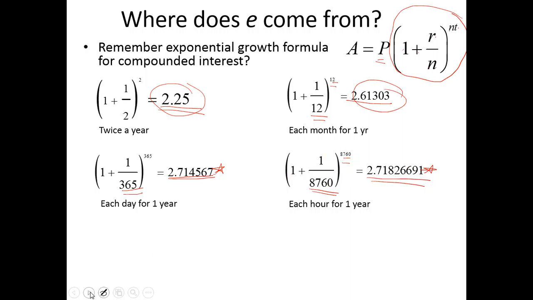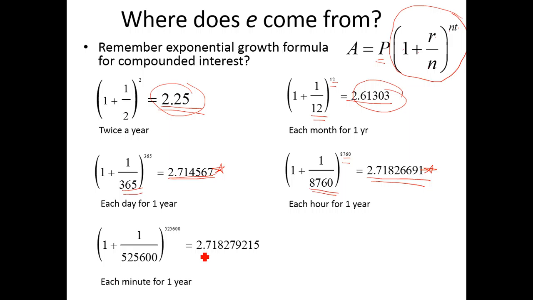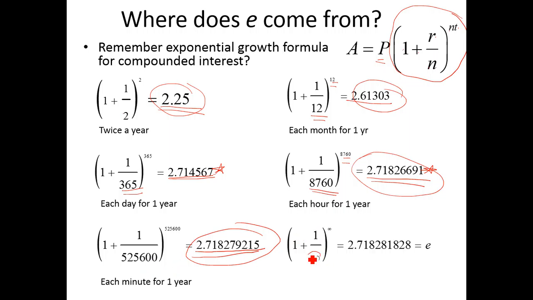The more often I compound this, what if I do it every minute for a year? Now look at this number, 2.71827. That's not even that different from each hour, right? The more often we compound this, in fact, if we compound this continuously or every millisecond of a second, you know what I mean? If we just keep going and going and going, and let's say I pretend that this is infinity, what happens is this number gets closer and closer to that E value.